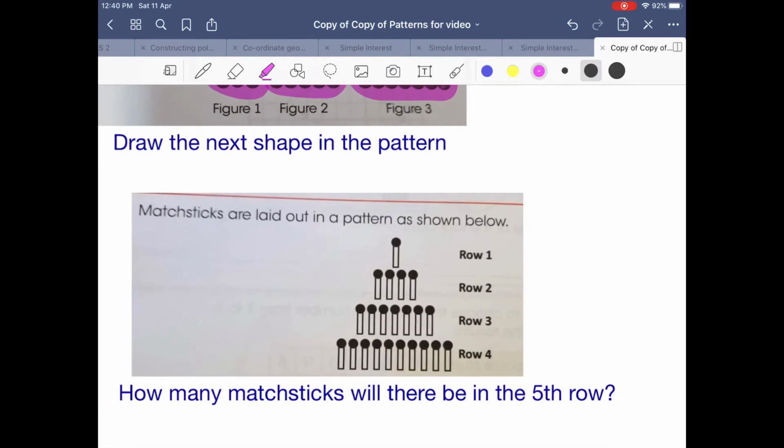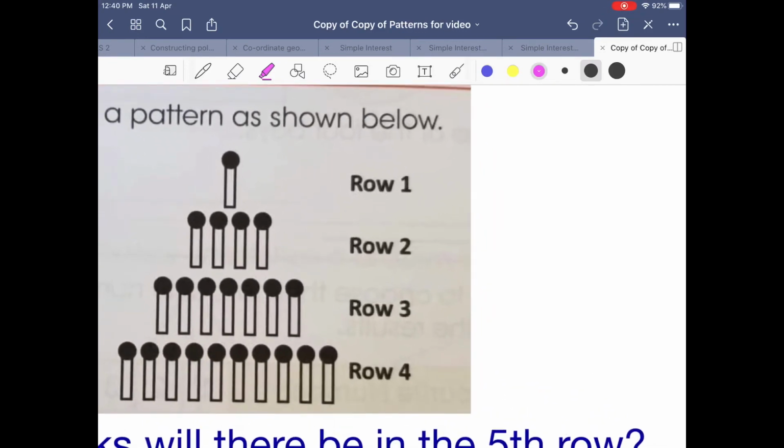Next, we have: how many matchsticks will there be in the 5th row? So the first row has 1, if we count them. The second row has 4. The third row, that's 1, 2, 3, 4, 5, 6, 7. The next row we have 1, 2, 3, 4, 5, 6, 7, 8, 9, 10.